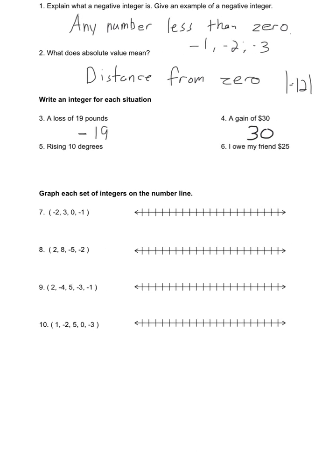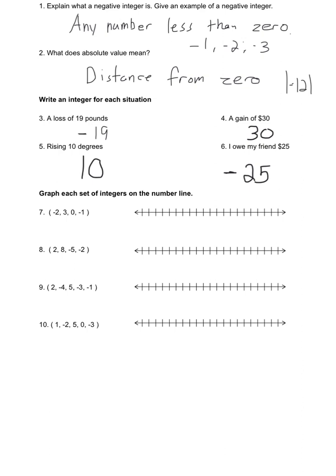Number 5, if you are rising 10 degrees, right? If it is 10 degrees outside and you raise 10 degrees, you're raising a +10. Number 6, I owe my friend $25. If I owe my friend $25, I am in debt $25. So that is -25.